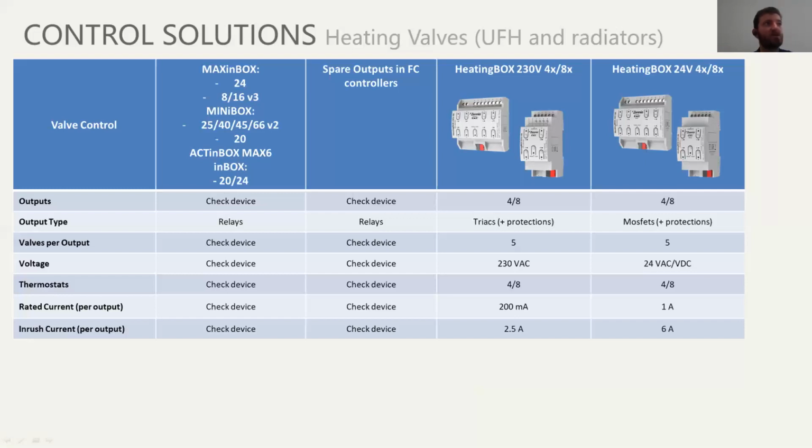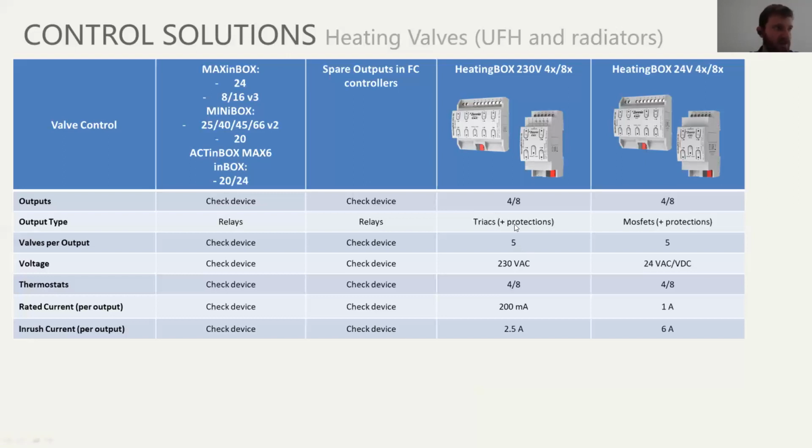So we have 2 versions, 230 volt and 24 volt, both in 4 or 8 channel, up to 5 valves per output, or up to the rated current, so 200 milliamps. Heating valves usually are somewhere around 40, 50 milliamps.